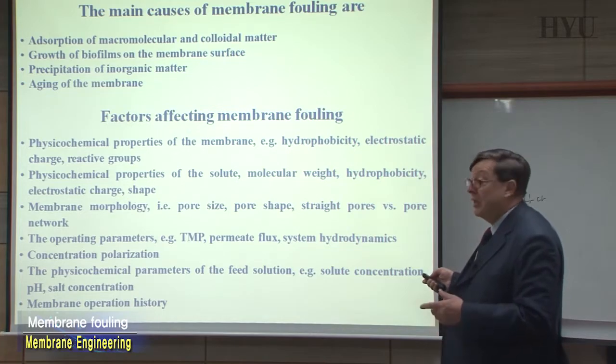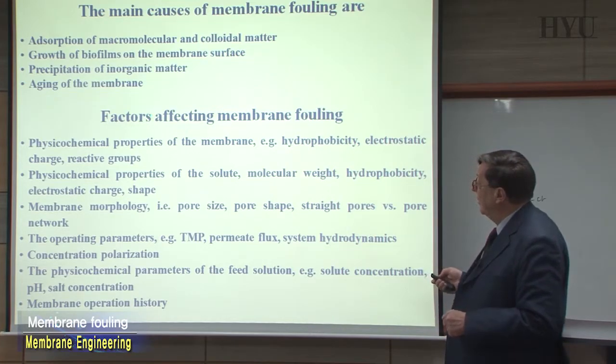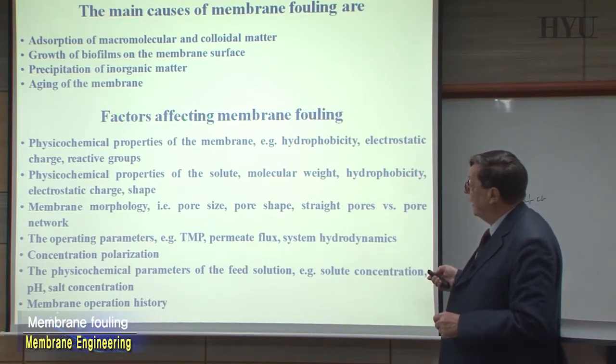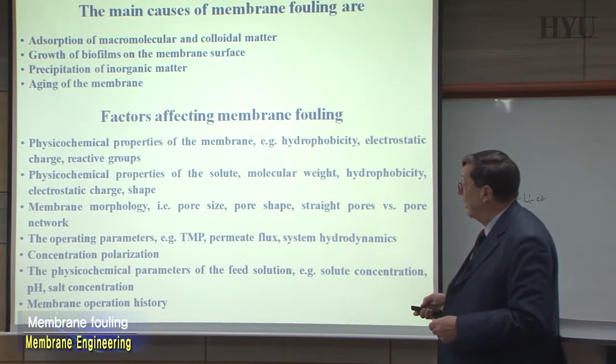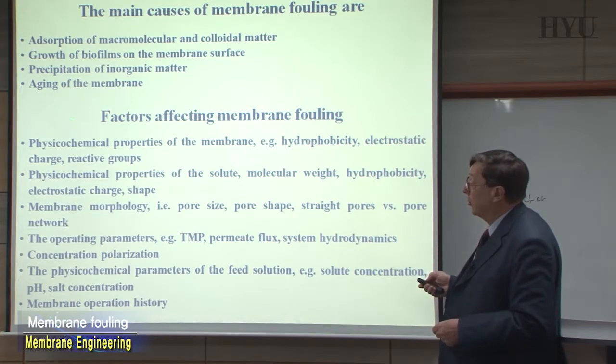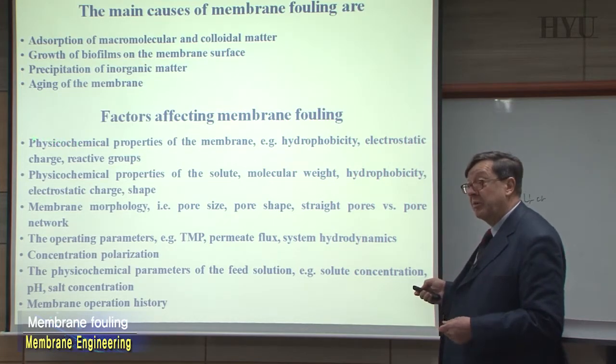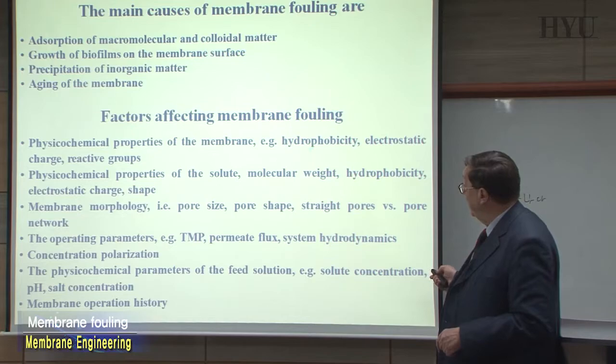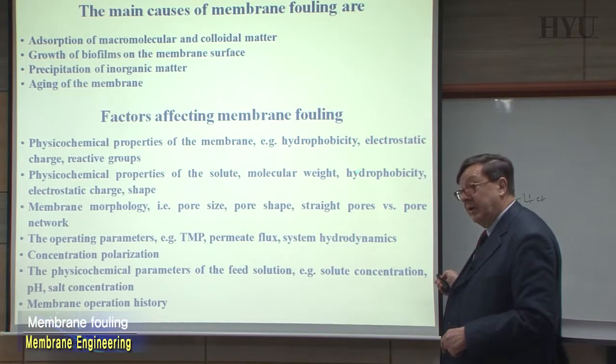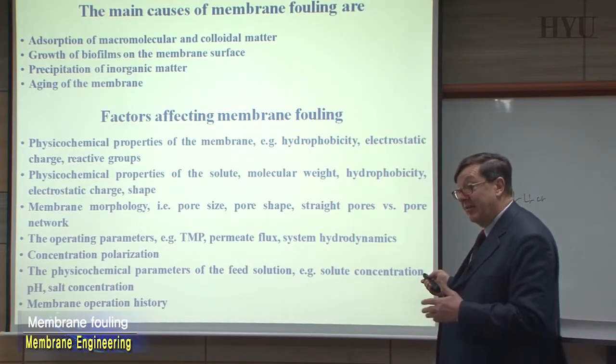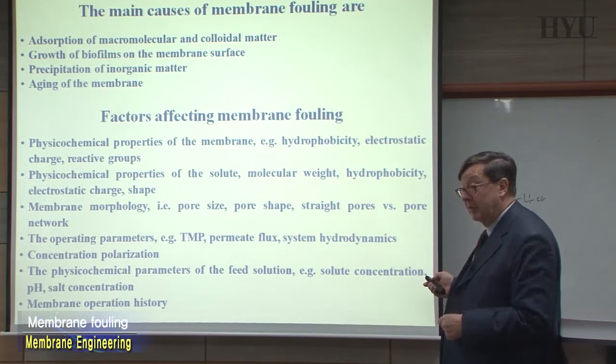Which are the major factors that will affect the behavior of your membrane and the control of the fouling? Basically, the physicochemical properties of your membranes can be important. Hydrophobic, hydrophilic behaviors can have an effect on the overall fouling problems.